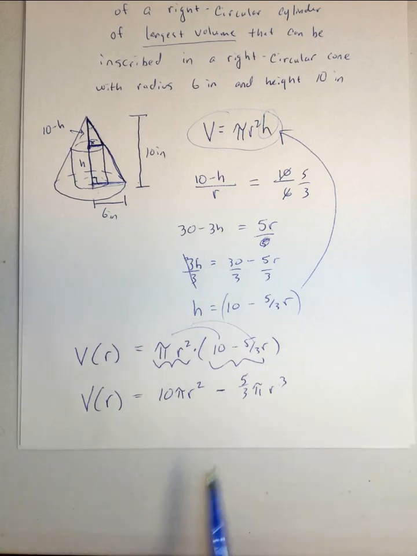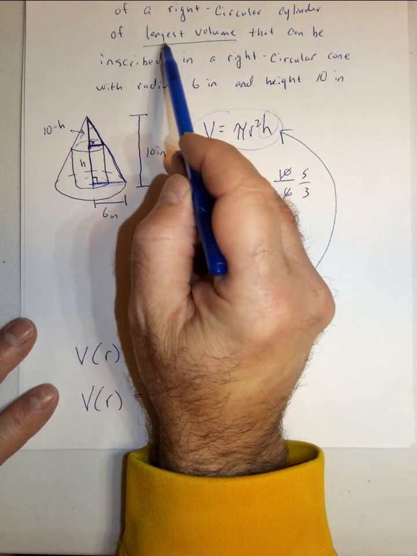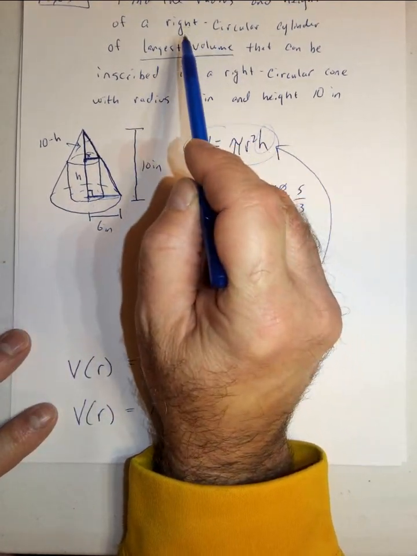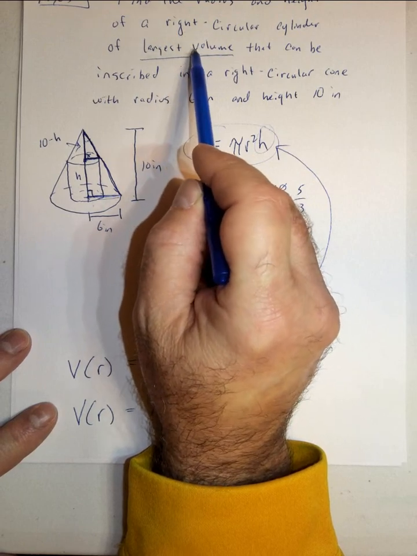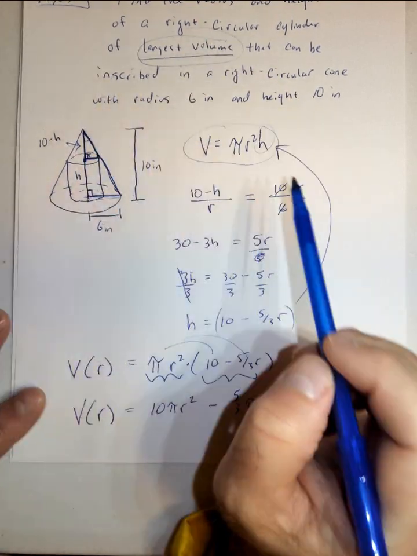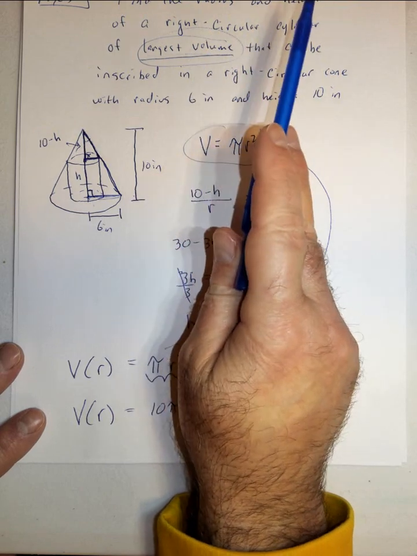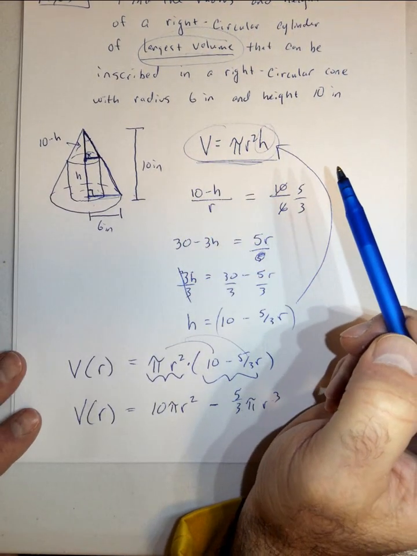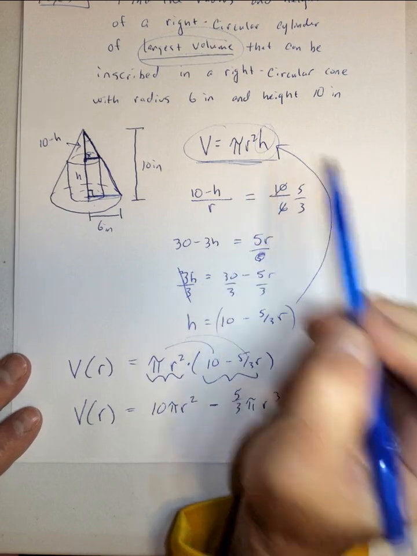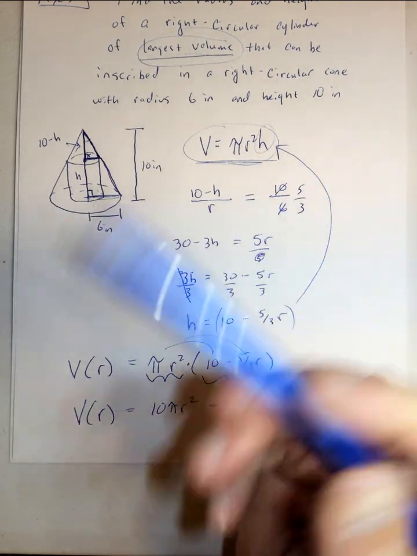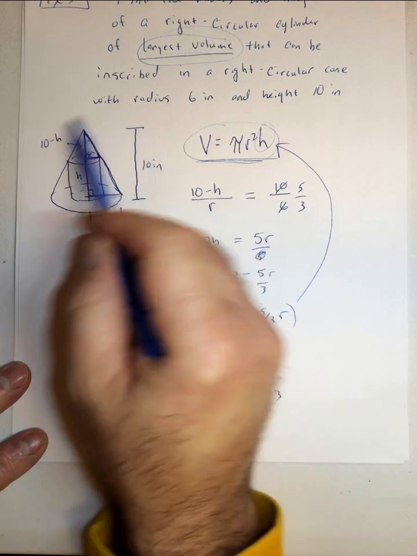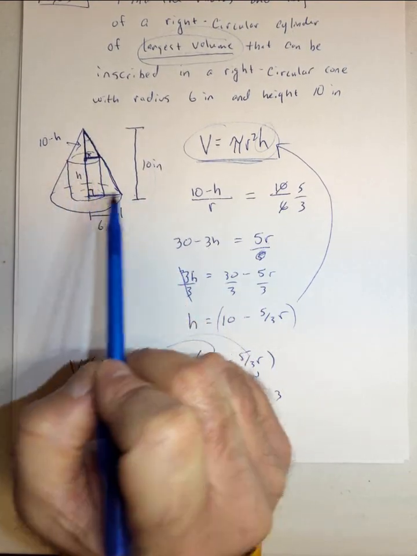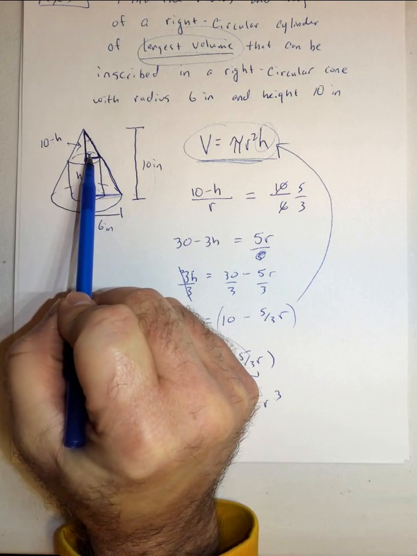So this is the process, right? And I keep trying to point this out. Within the story problem, they're going to talk about whether we are going to maximize or minimize, and what my target is. In this case, I want the largest volume of a cylinder. So that tells me I need the formula for the volume of a cylinder. And since it has two variables in it, I need to look for another equation. In this case, you had options. You need to find another way to relate h and r together.